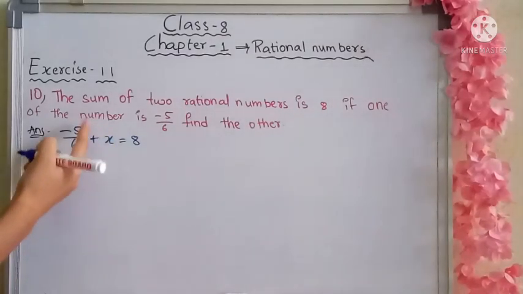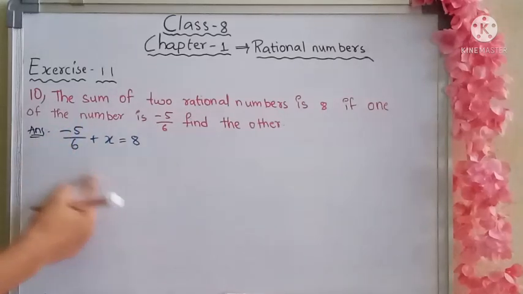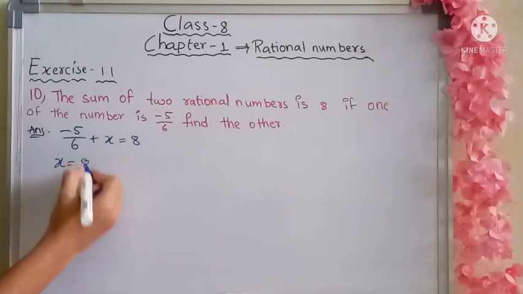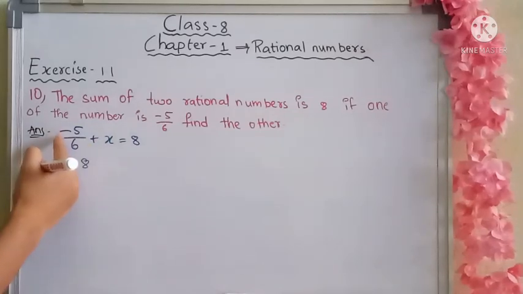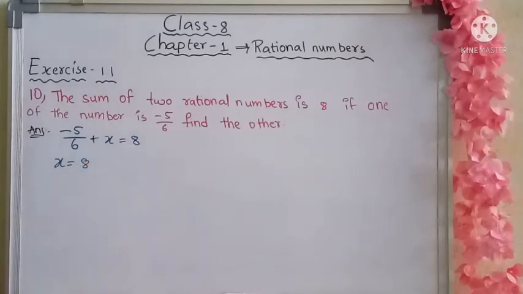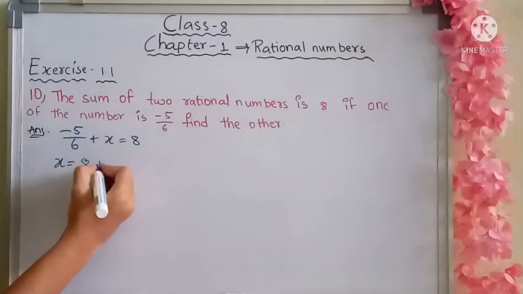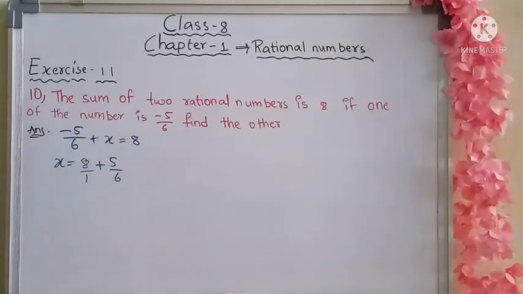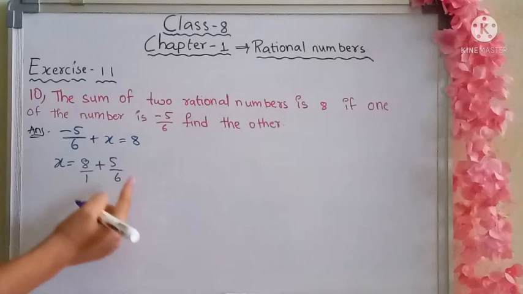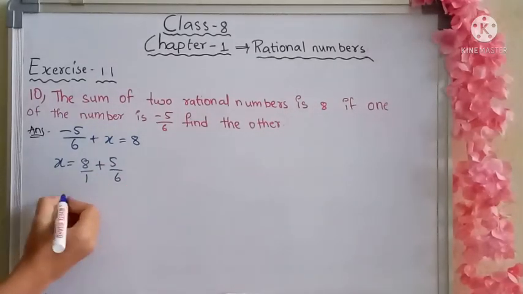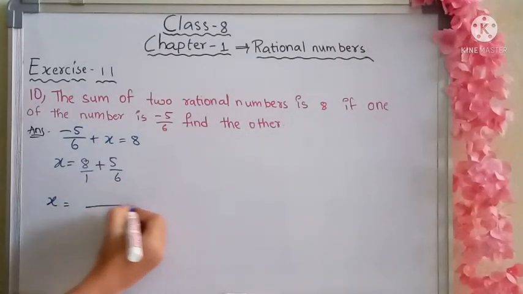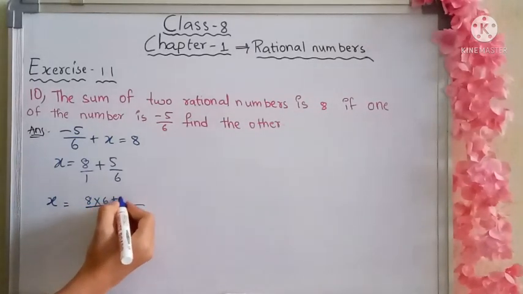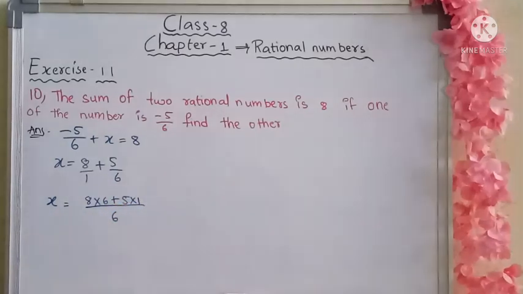So to find the x, we have to move minus 5 upon 6 to the RHS. So x is equals to 8. This minus, after going to RHS, it becomes plus. So plus 5 upon 6. 8 upon 1. Okay. Now LCM of 1 and 6 is 6. So x is equals to 8 into 6 plus 5 into 1. Okay.